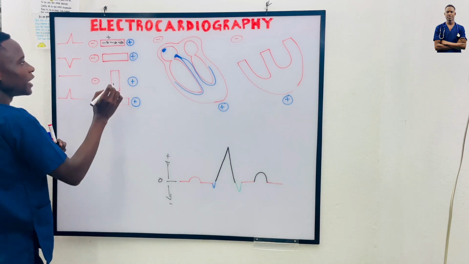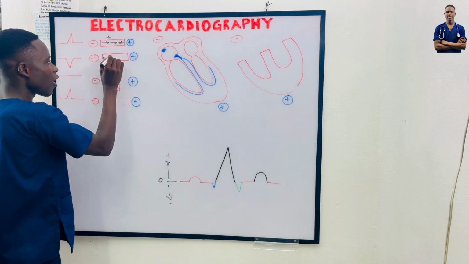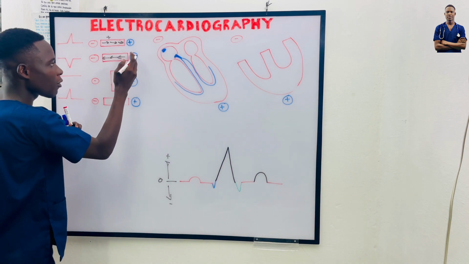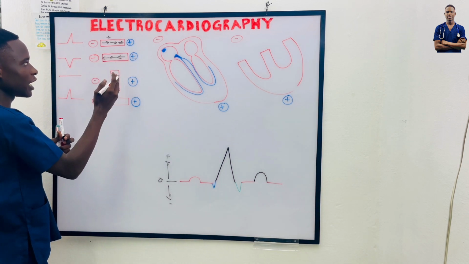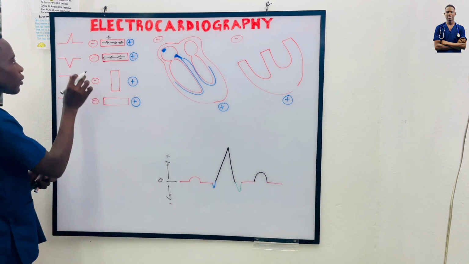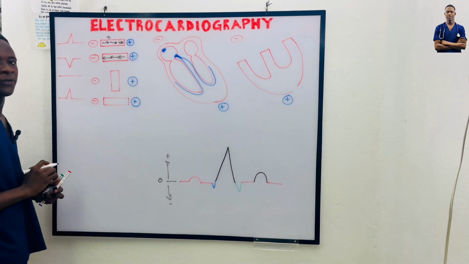Are you with me? If there's a movement of a positive vector away from a positive electrode and closer to a negative electrode, we record it as a negative wave.